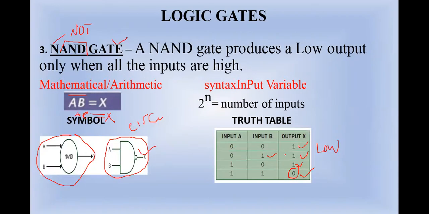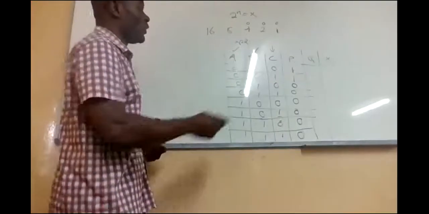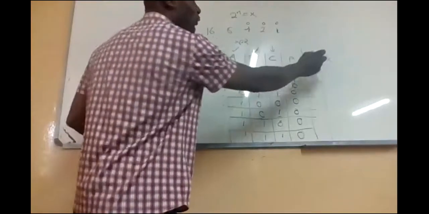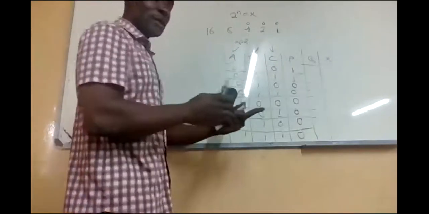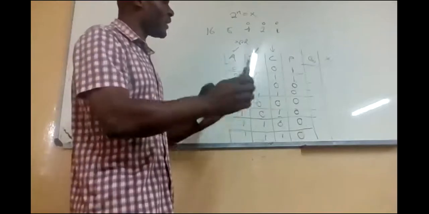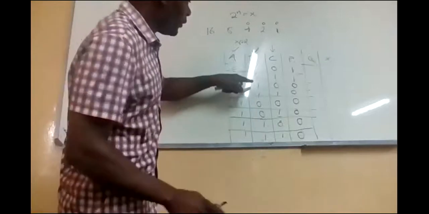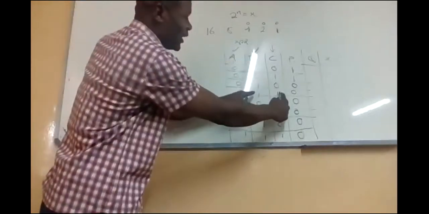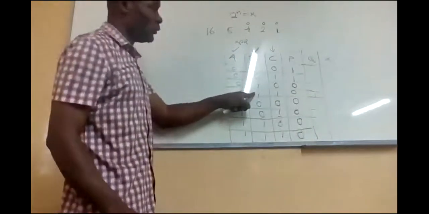It produces a high when both of the inputs are high. So here we are going to look for where there is B and where there is C, and we consider those as NAND gates. Looking at my board, we are looking at B and C now to produce Q. When both inputs are high, it will give you a high. So we compare B and C. There is 1 and there is 1, which means in this region I'm going to get a 1.